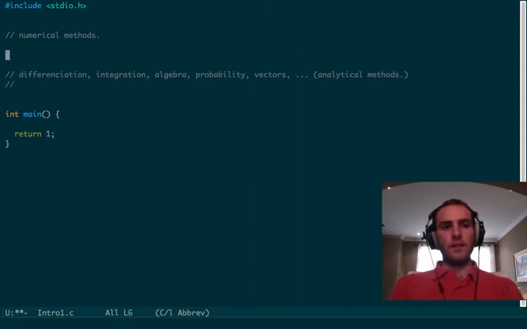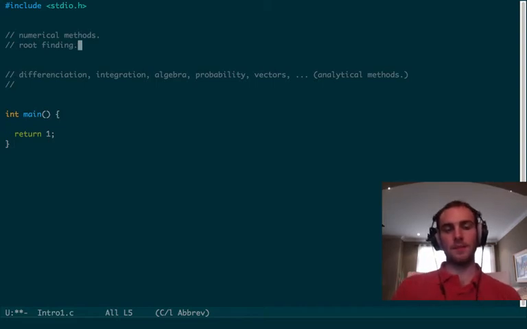So what are the numerical alternatives to these kinds of analytical methods? Last time we saw that we could solve an actual physical problem if we had a method called root finding. And by last time I mean maybe a week ago.